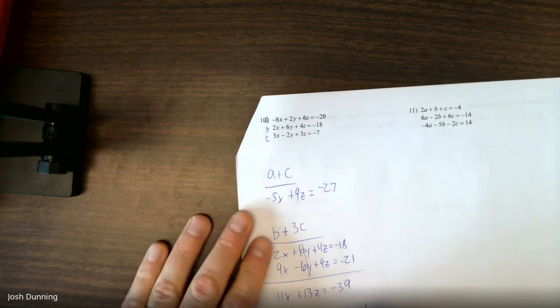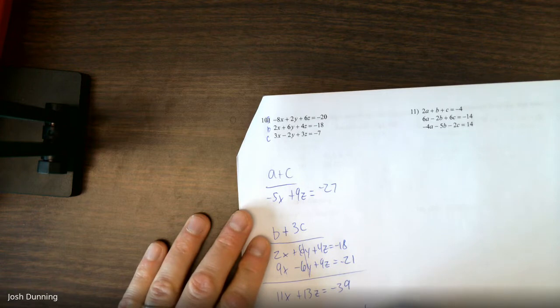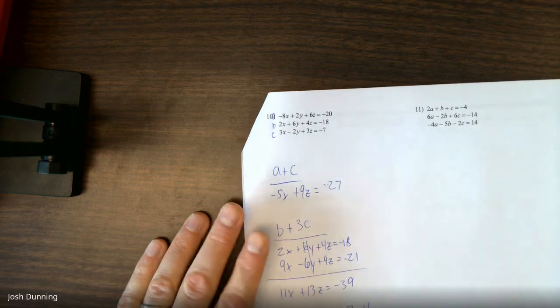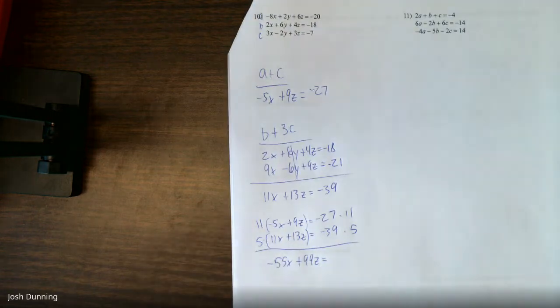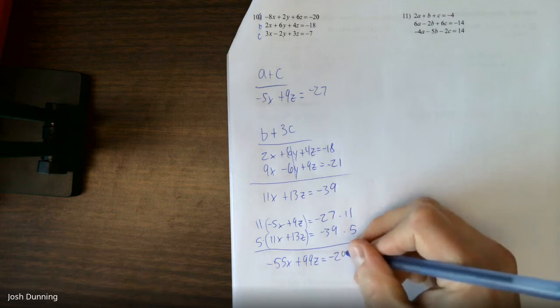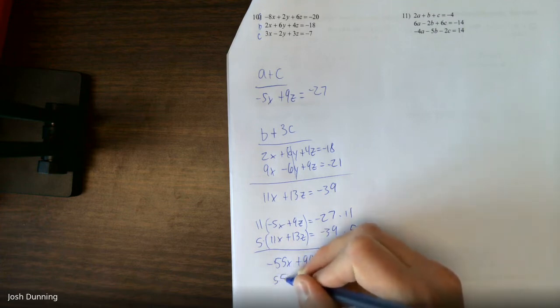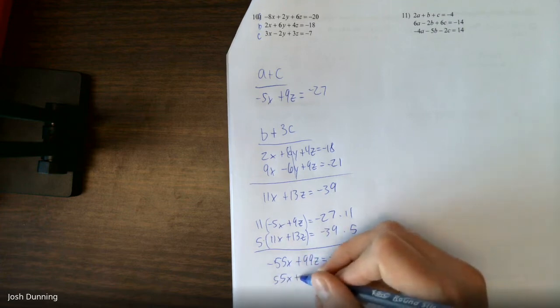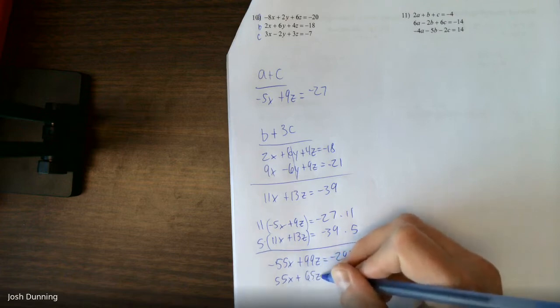So we get negative 55x plus 99z, and then negative 297. On the bottom, positive 55x plus 65z.